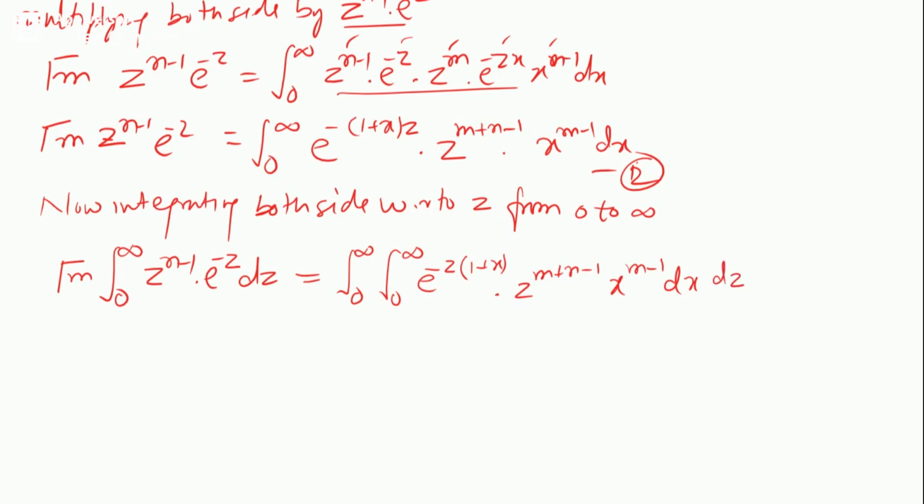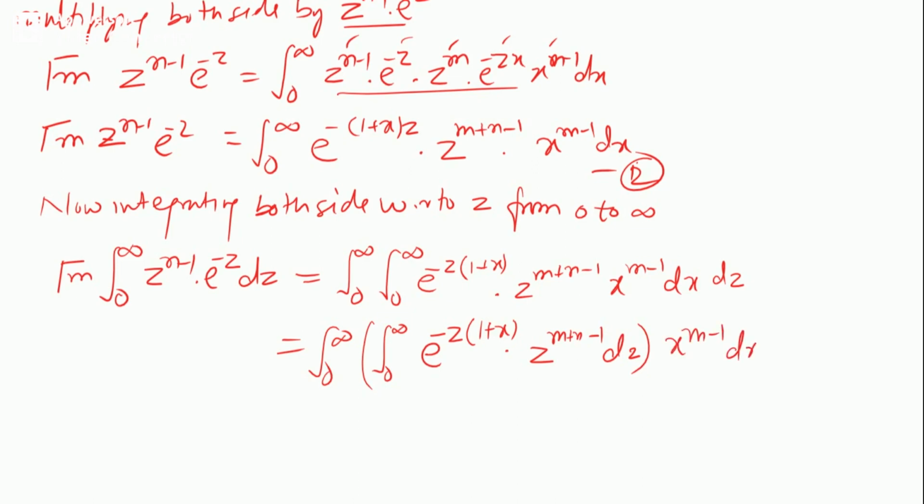If we change the order of integration, we can write the integral from 0 to infinity of e^(-(1+x)z) z^(m+n-1) dz and x^(m-1) dx.